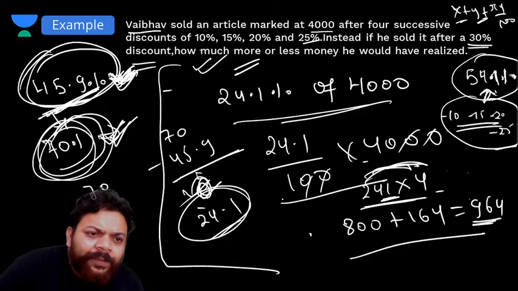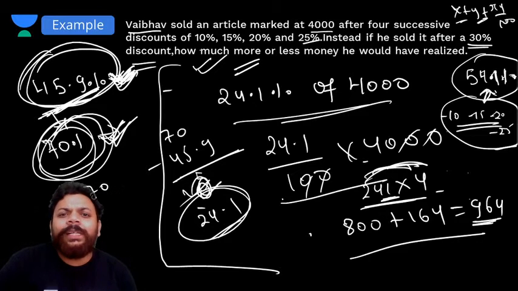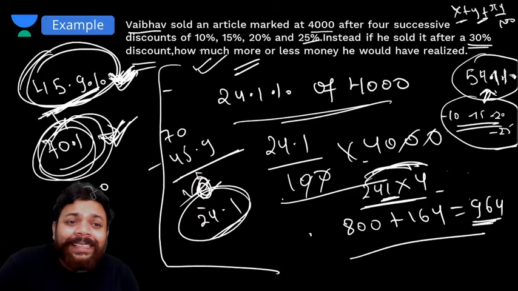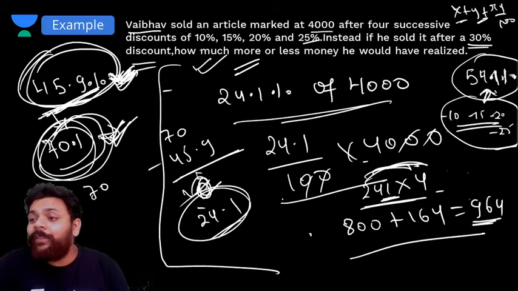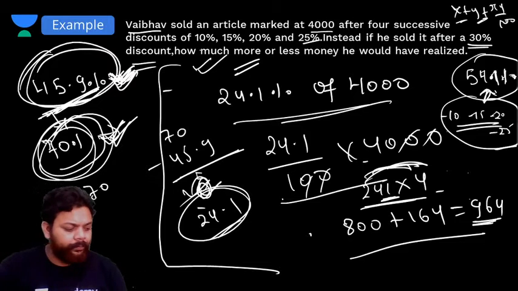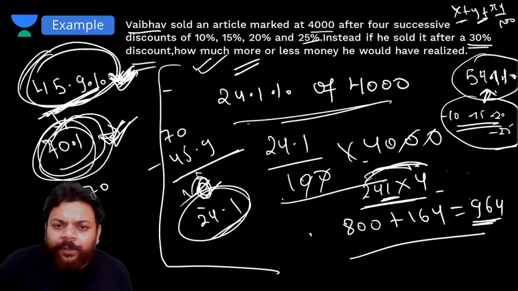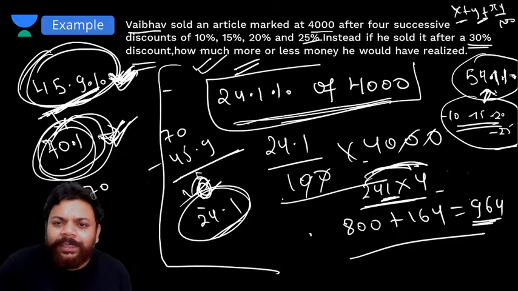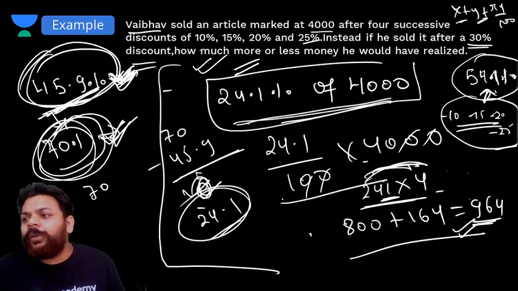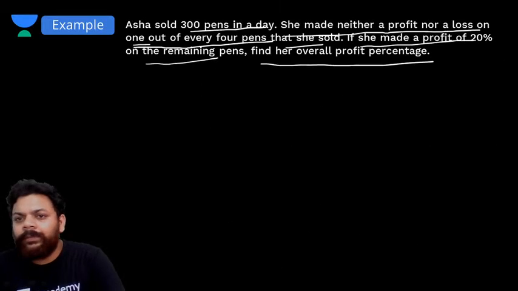So since the difference of these two is 24.1, that means definitely Vaibhav will have this much more profit, and that is how we can calculate 24.1% of 4,000 as 964. I hope this is clear.